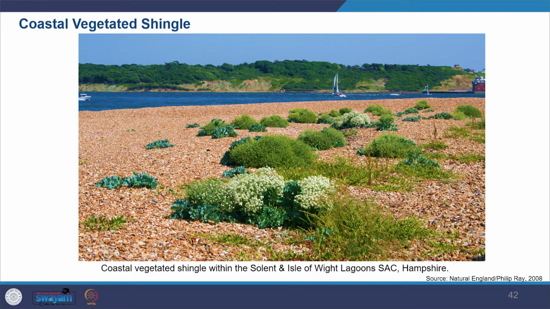Then you have vegetated shingles. You see the scrubby vegetation or grass sward, and in the exposed areas you have open vegetation and scattered vascular plants and lichens, which you can see here.